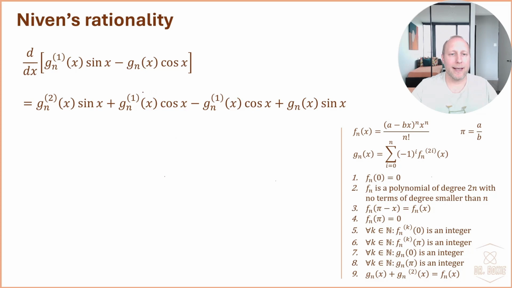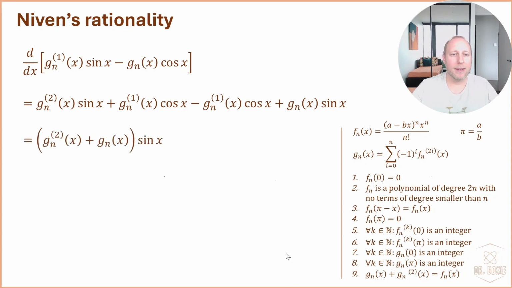The third term will be minus the first derivative of g multiplied with cosine. And the fourth term will be minus gn times the derivative of cosine, which is negative sine. And so the negative with a negative becomes positive. The last term is plus gn of x sine of x. Notice that the two middle terms, the second and the third term, cancel out.